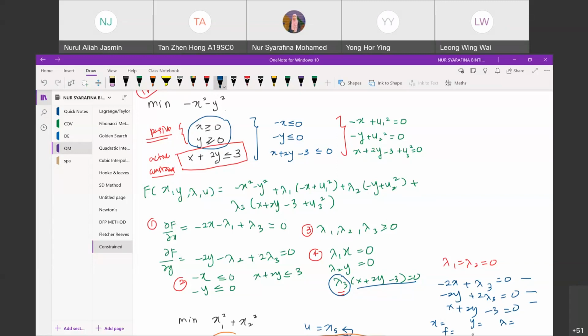Which one? Minus 9/5 for what? What is your x, y, and lambda there? Lambda 3.